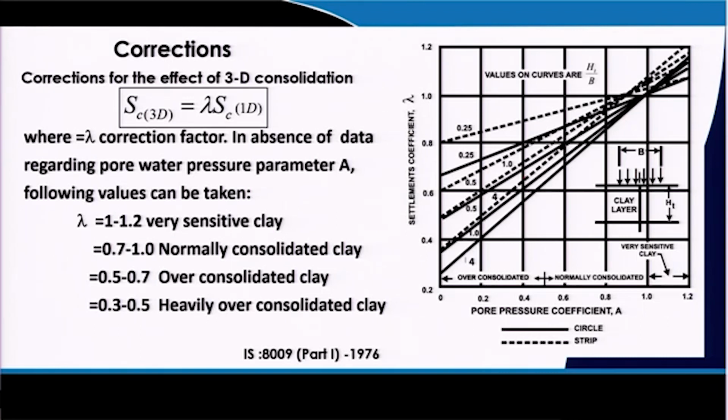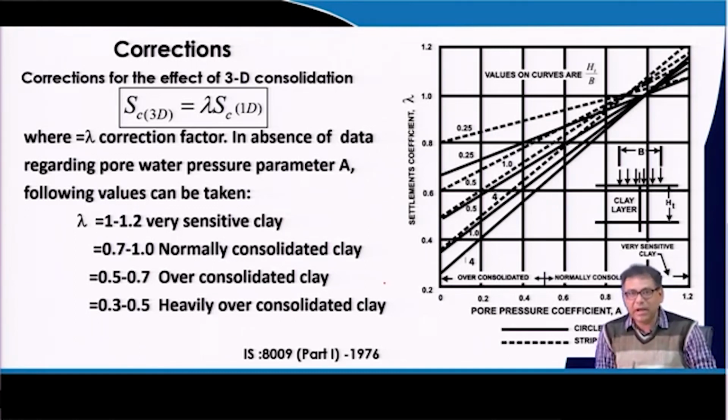Suppose you have a rectangular footing; for circular or square you use the firm line, and for strip you use the dotted one, and for rectangular footing you can interpolate the values. So if you have the H by B ratio and the A value, then you can calculate the coefficient, that is lambda, by using this chart.